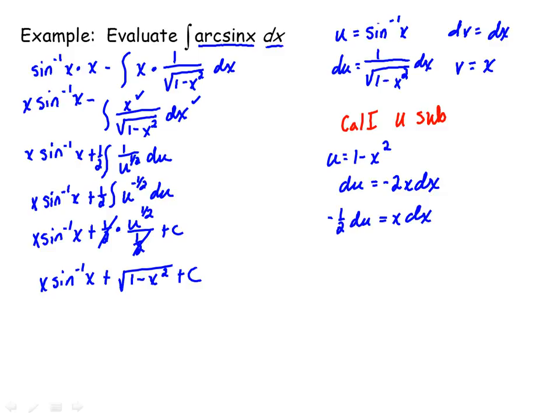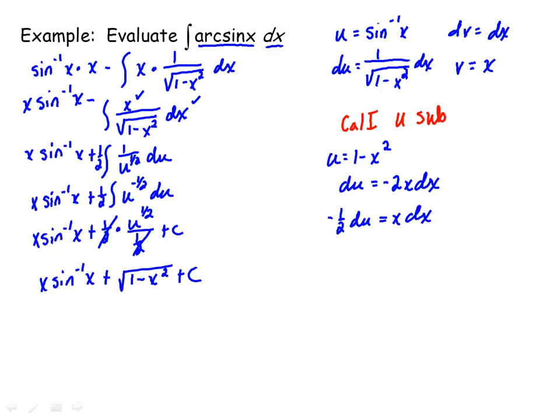Okay, so let's talk about this. The first part didn't change. The integration by parts, that didn't change. You got to pick out your u and your dv, okay? Once you do your integration by parts and you have a new integral, please start with your Cal 1 methods, meaning straight up integration or u substitution. If neither of those will work or nothing will come to mind, then try integration by parts again. But when you do integration by parts, make sure everything is taken care of.